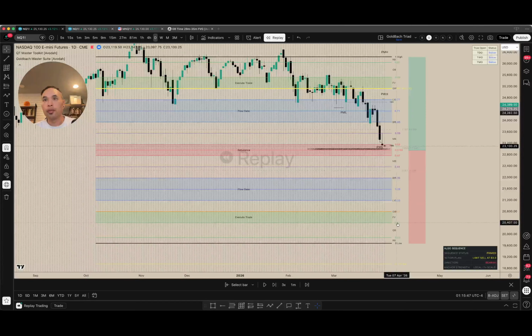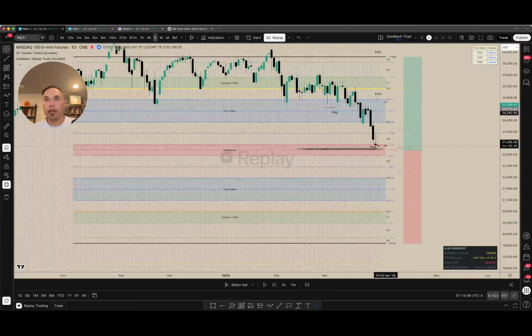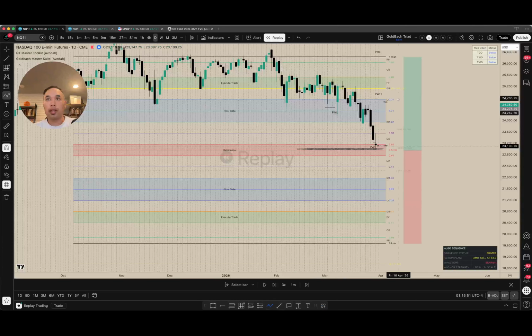But the final objective is this 11 mark. So this indicator is saying that if we come back up, hit this level, go back down, use this as resistance, your final target would be somewhere around here. That's what this indicator is saying.